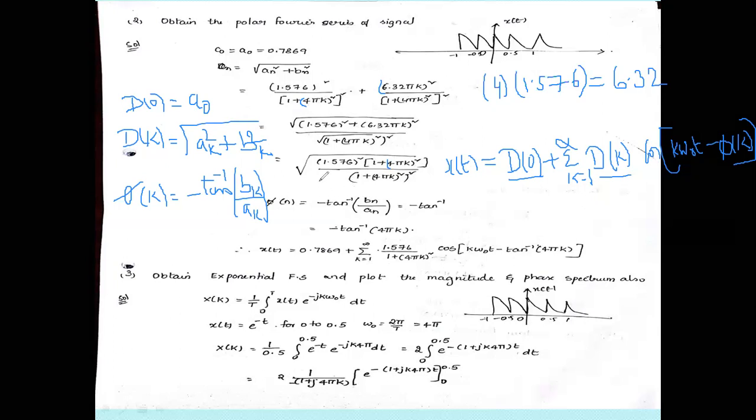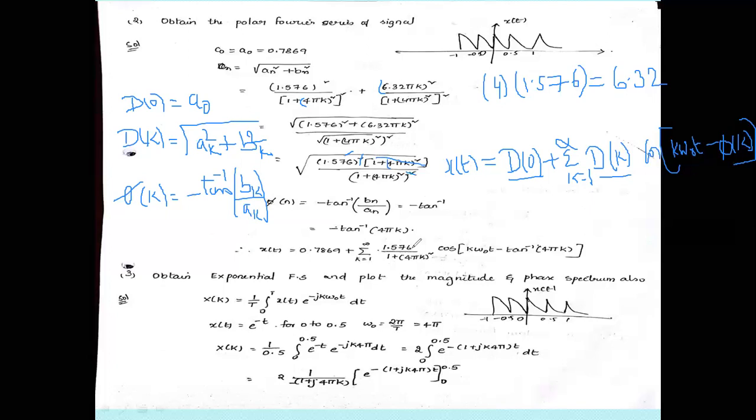And to get this function, d of 0 is, not the d of 0, d of k. So 1.576 under root and the 2 get cancelled here. And here in the denominator 1 plus 4 pi k whole square and whole square. Here the one term is there and gets cancelled with the denominator square.